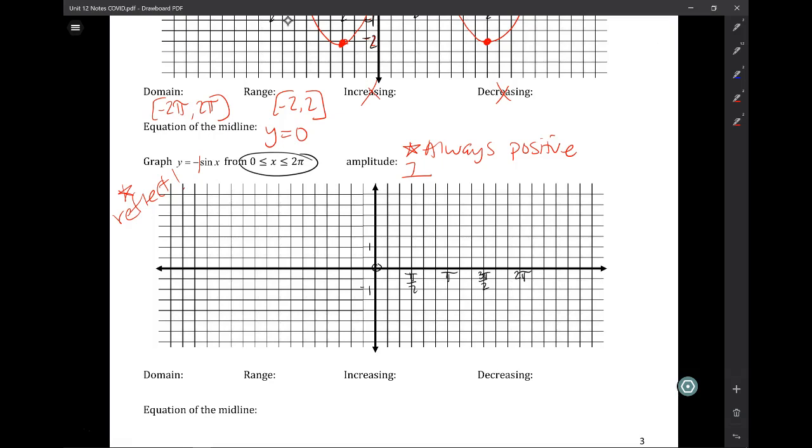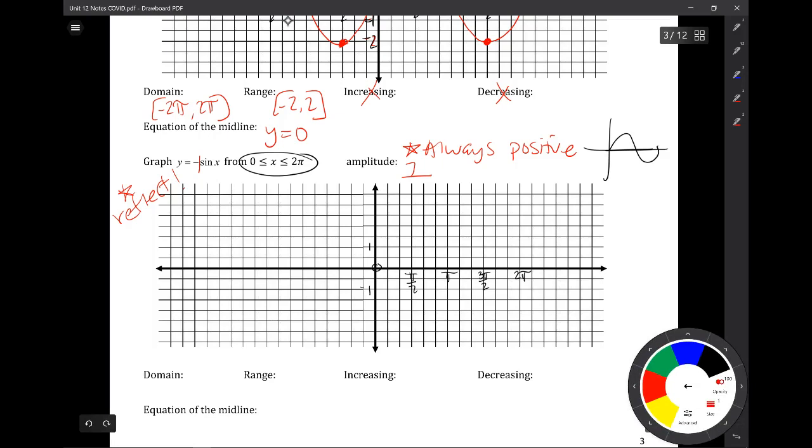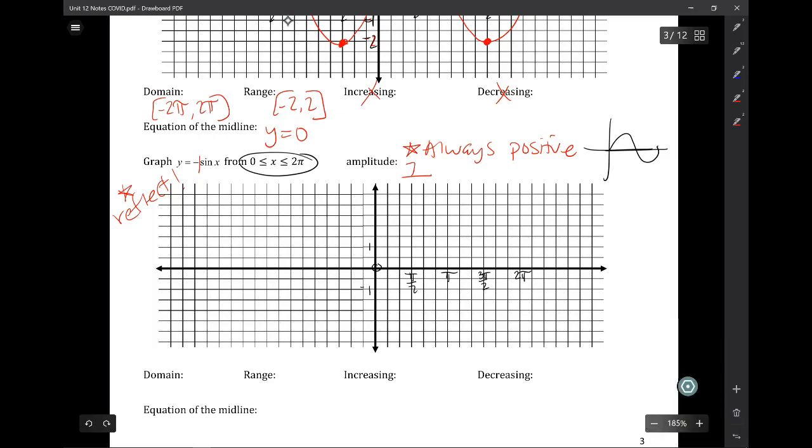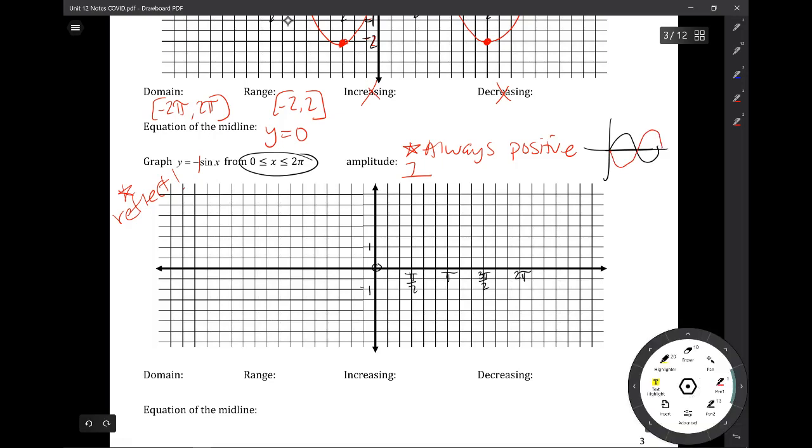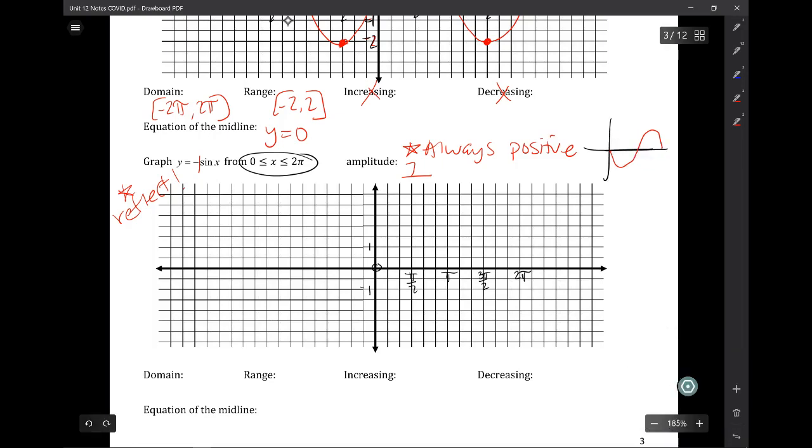When I am making my sine curve, what normally looks like an S this way, now that my amplitude is negative, instead of hitting a positive point on the first run, it's actually going to go negative and then positive. So I am going to be graphing my little diagram of my red sine curve there. That's the one that I'm going to be graphing on my axes here.